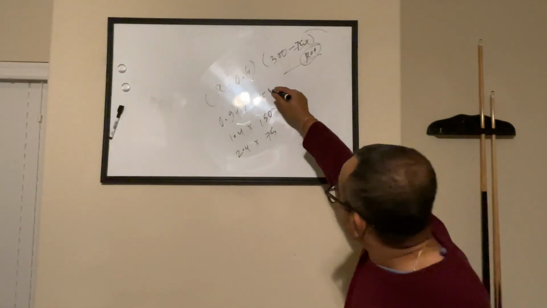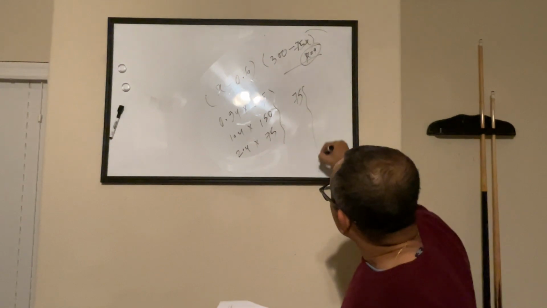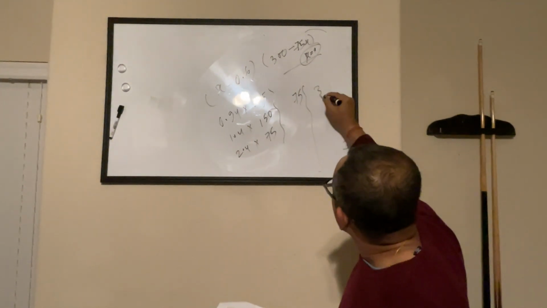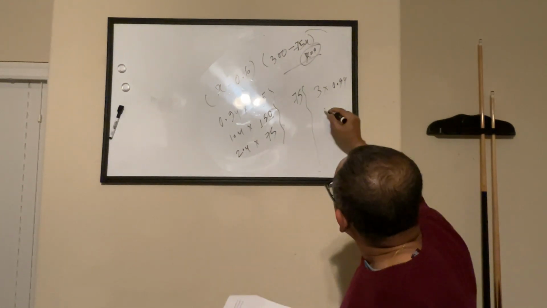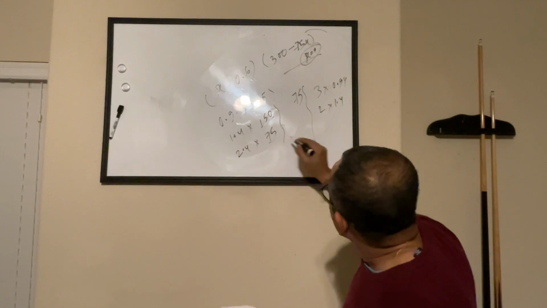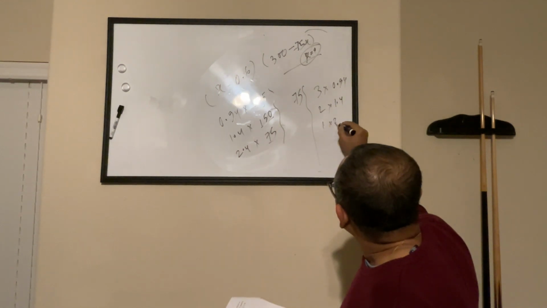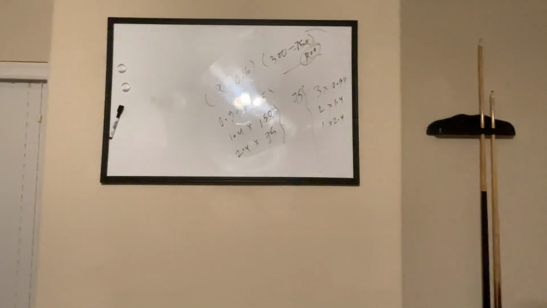Between these three, how I'll do the calculation quickly is I'll take 75 out. So this is 3 times 1.94, this is 2 times 1.4, and this is 1 times 2.4. Which one is the answer?